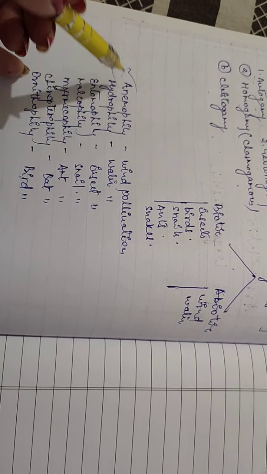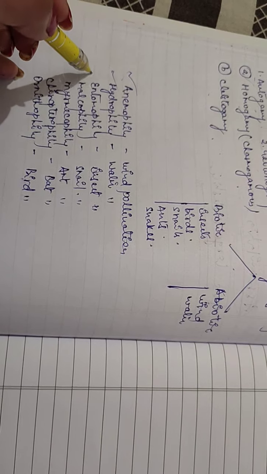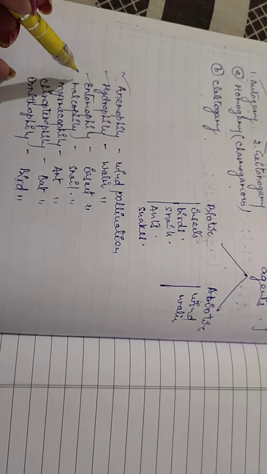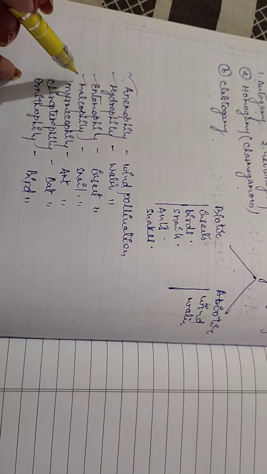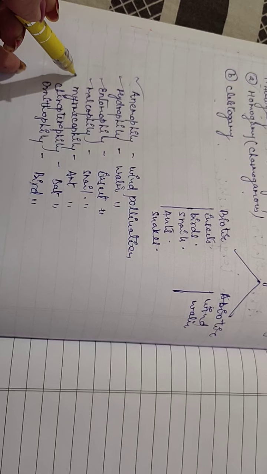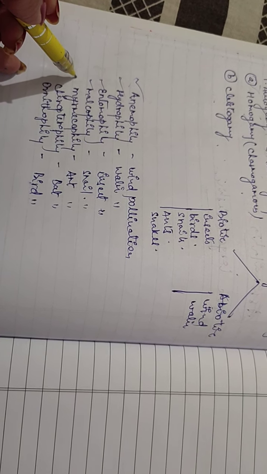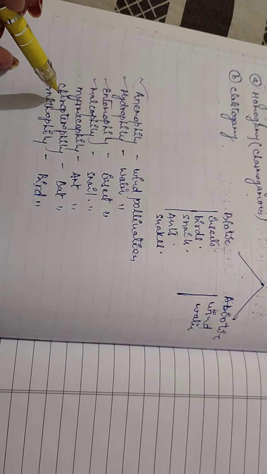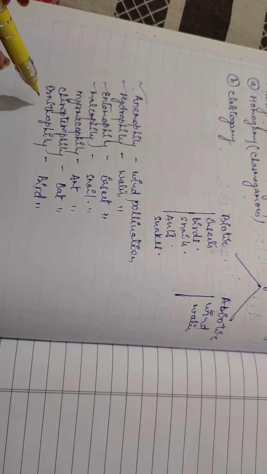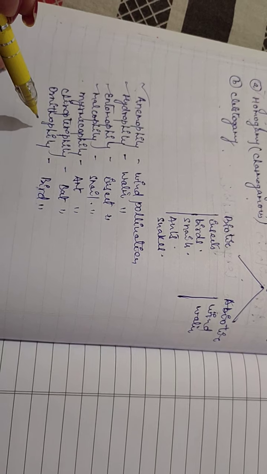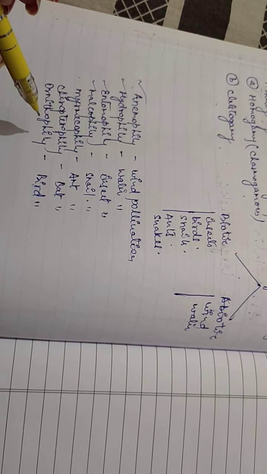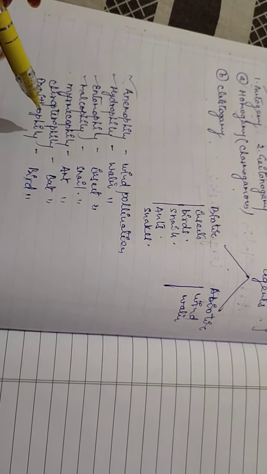With water, hydrophily. With insects, entomophily. With the help of snails, malacophily. With ants, myrmecophily. With bats, chiropterophily. With birds, ornithophily. And there are many more, like snakes, ophiophily, and so many.